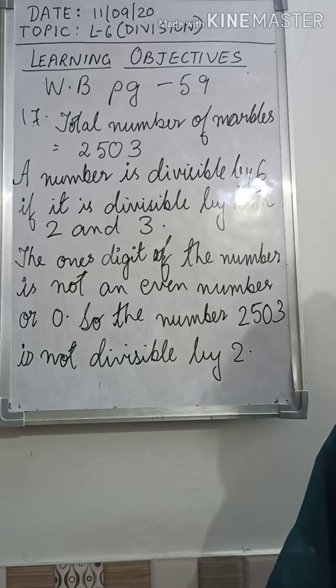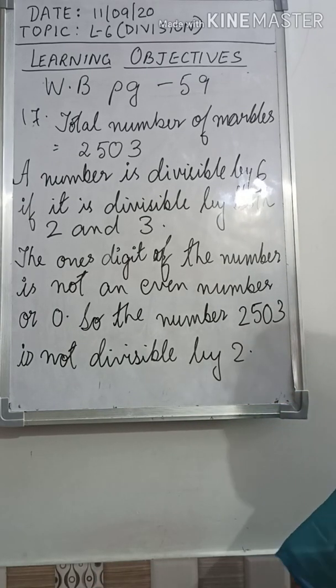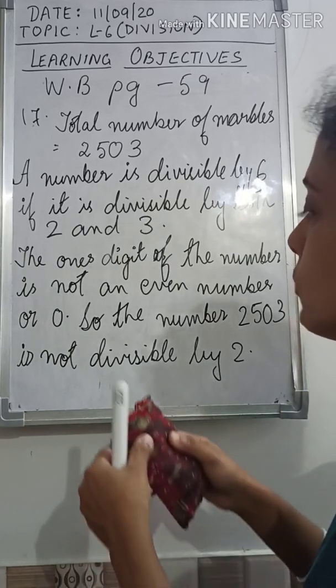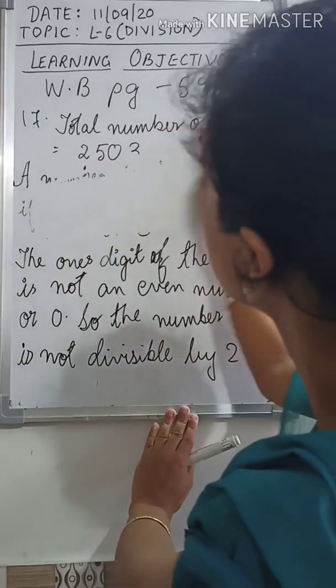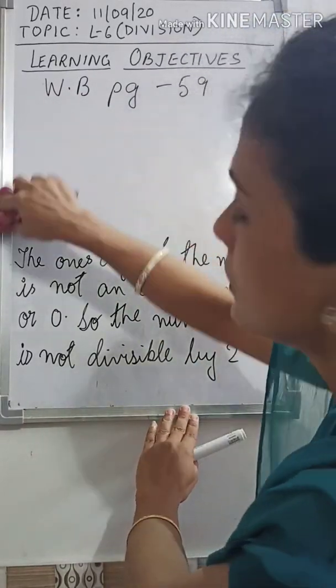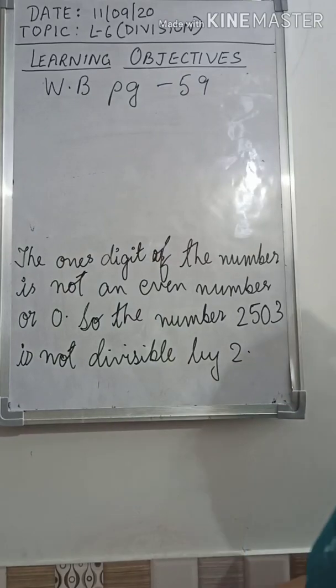So now we are going to test for 3. 2 is done, so now 3. What is the test for 3? We have to find the sum of the digits.